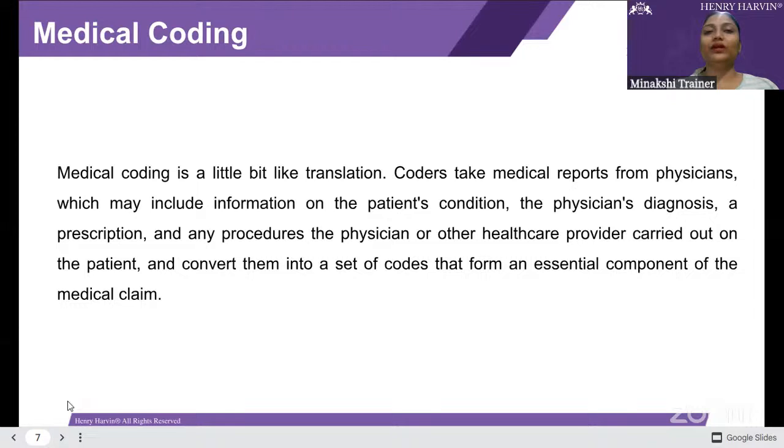Medical coding is a process of translation or transformation of all the physician reports into universal alphanumeric codes. In short, conversion of the data into universal alphanumeric codes is termed medical coding. In very simple language, conversion of the data into codes is known as coding.